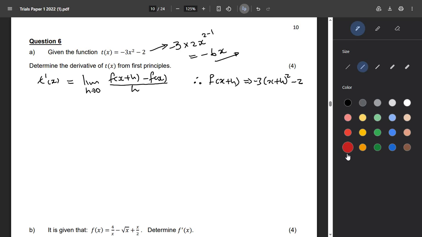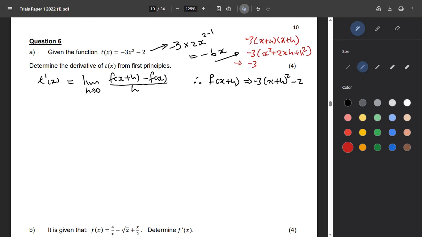So please work this out somewhere, and say I have minus 3 into x plus h, expand that x plus h, then minus 3 into x squared plus x times h and x times h, that's 2xh, plus h squared. So this tells you that we need to multiply everything inside the bracket by minus 3.